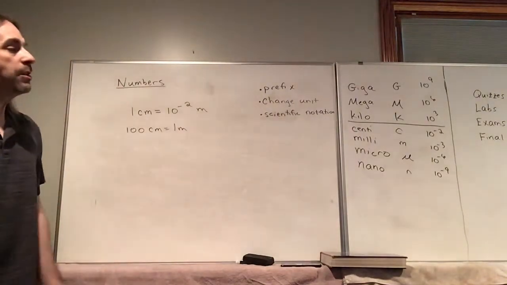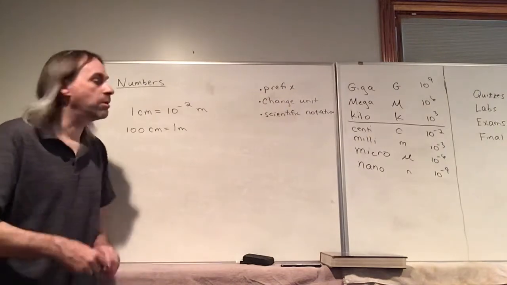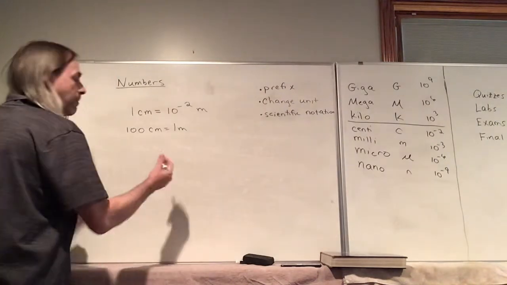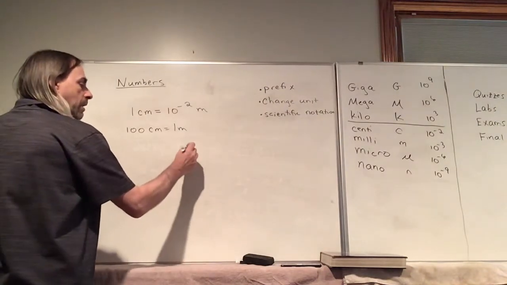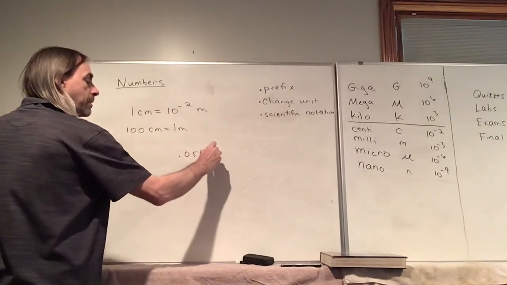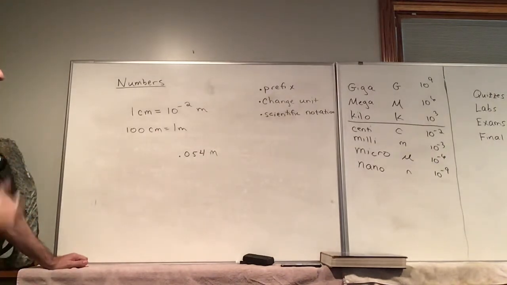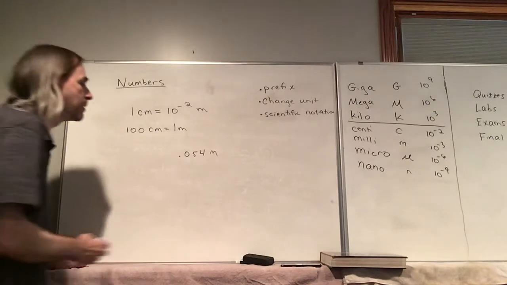This can help you write down a number. Say we measure something in meters, our basic SI unit, say 0.054 meters. We can rewrite this using centimeters.